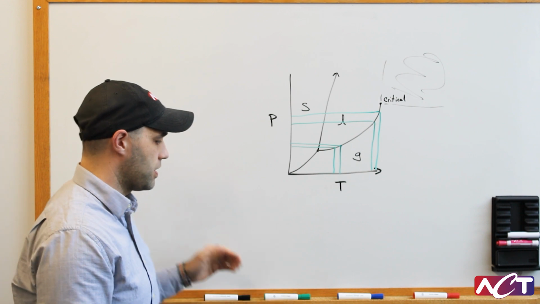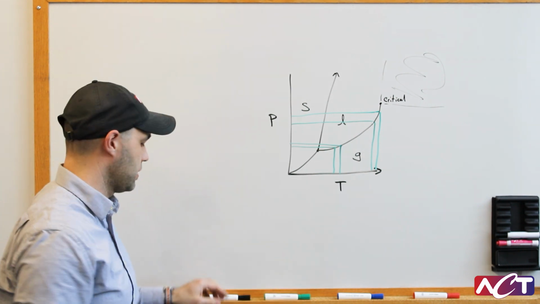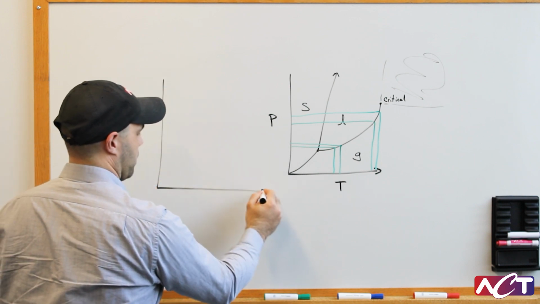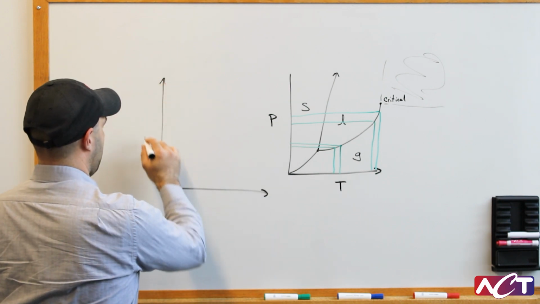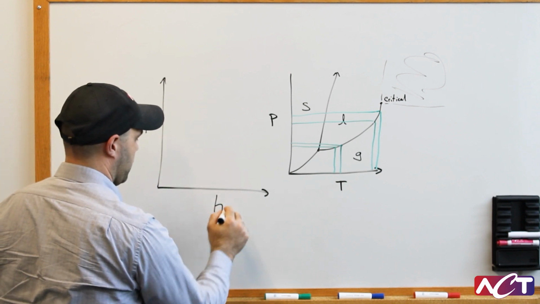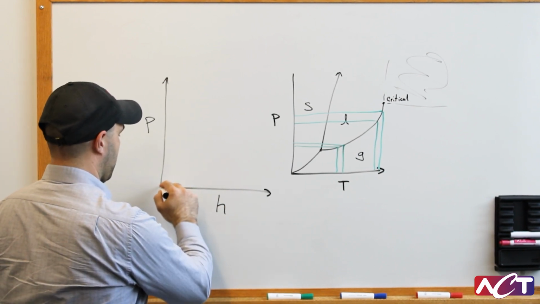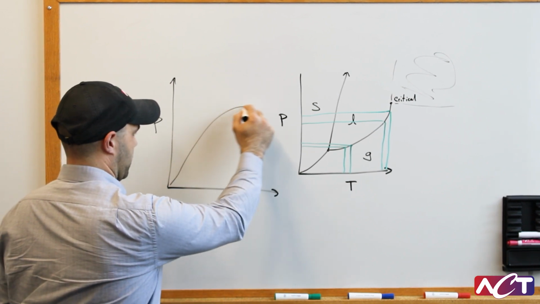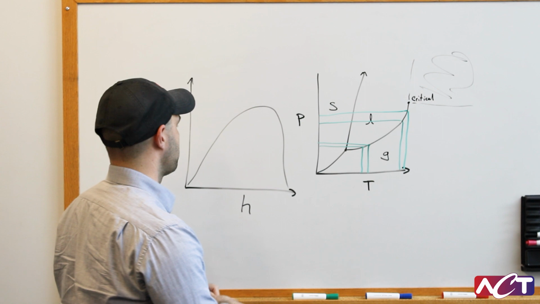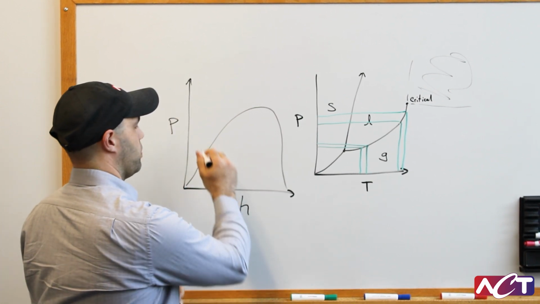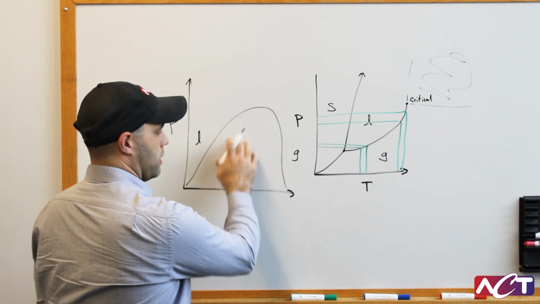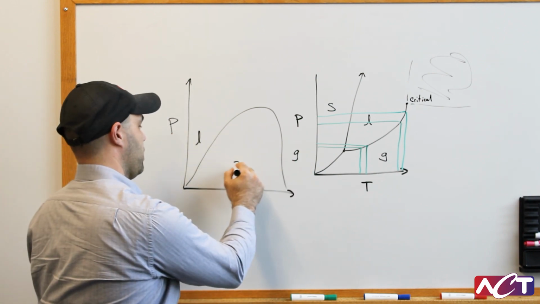The other consideration, and this is kind of the reverse, is that you can also have a diagram of pressure and enthalpy. On this plot, there's something called the liquid vapor dome here, where on this side of the plot is liquids, over here is gases, and in here is the two-phase region.